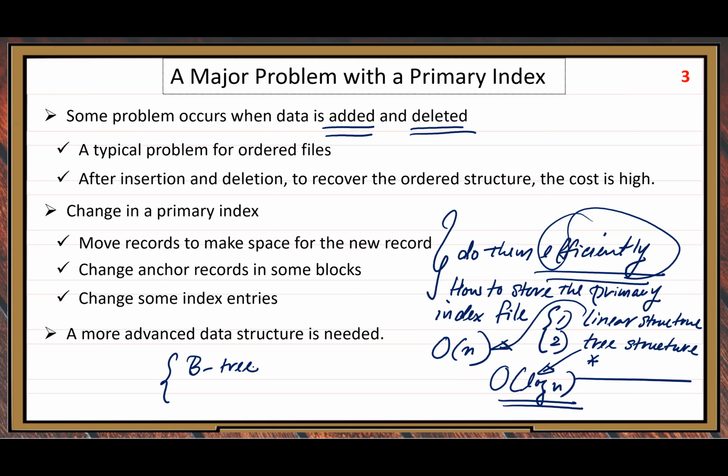We do not call it binary, because there are multiple child nodes, not two. The second one is an improved structure, similar, called the B plus tree.